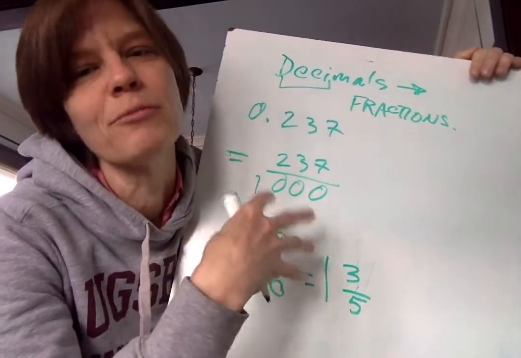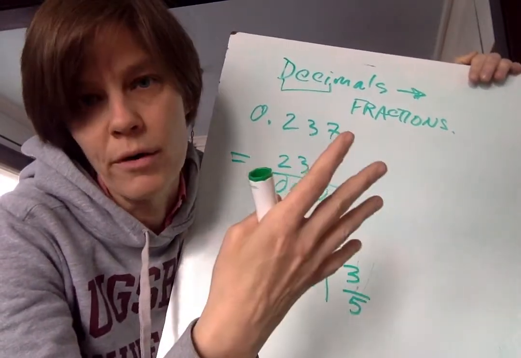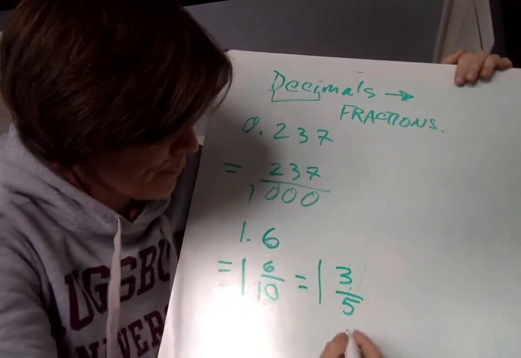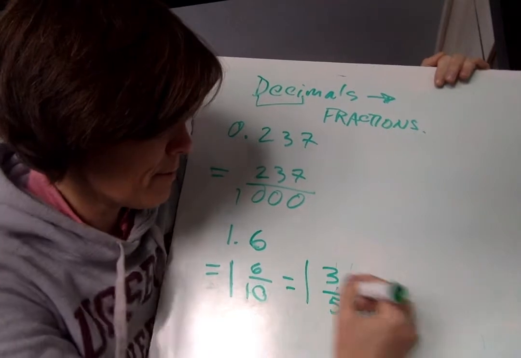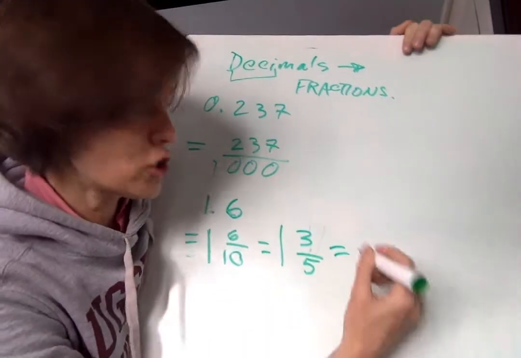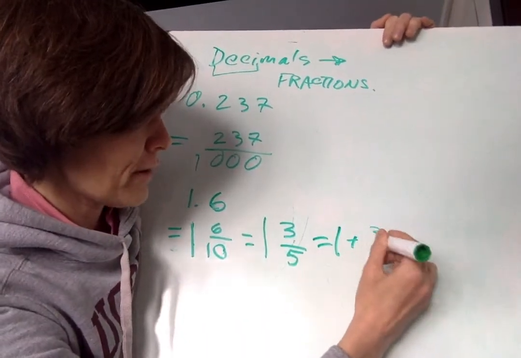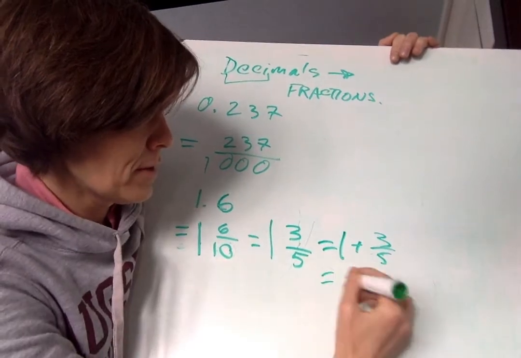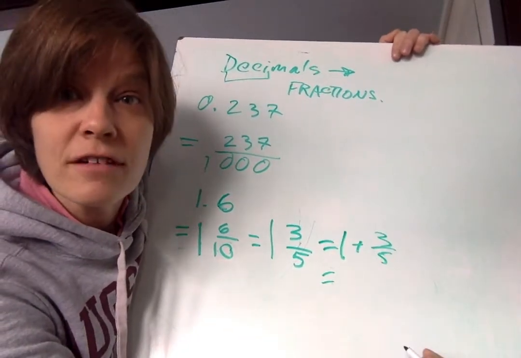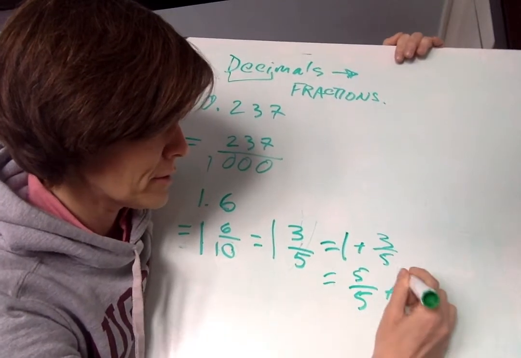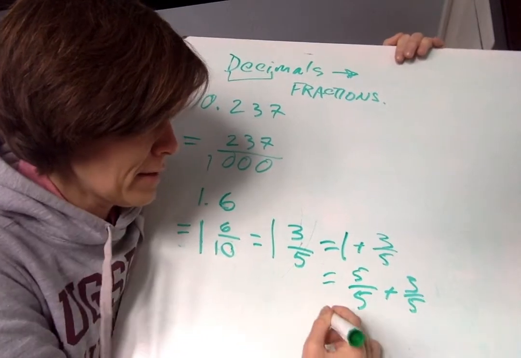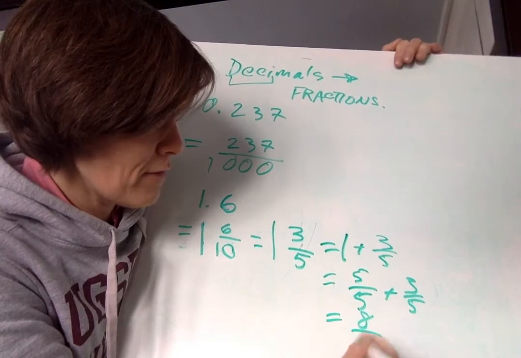It just means the top is bigger than the bottom, so it's more than 1. How do we convert this? The 1 becomes, remember, this is implicit addition, 1 plus 3 over 5. We need to get this into fifths, common denominator. 5 over 5 plus 3 over 5 equals 8 over 5.